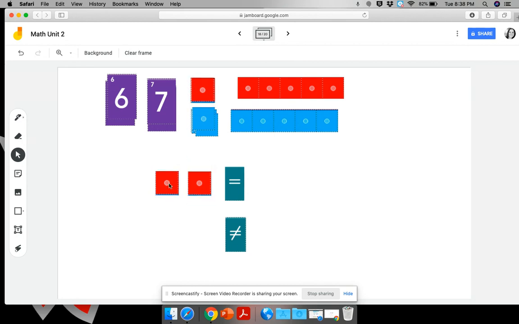If you're a roomer, I want you to draw 2 squares. So we're going to say 2 equals, now if we're looking for the same number on the other side, how many squares are we going to pull down for over here? 2. Pull them down. 1, 2. This says 2 equals 2. It's the same number on both sides.